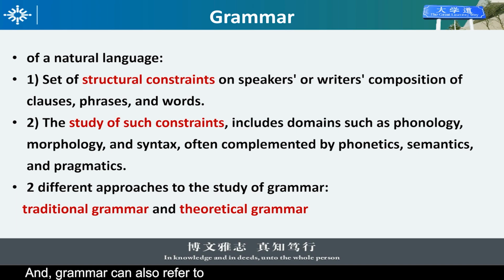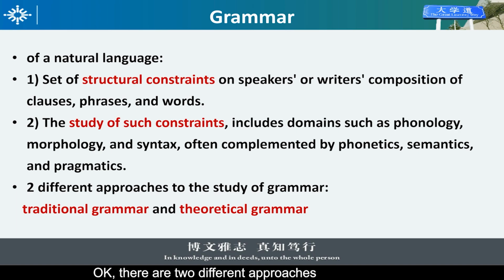And grammar can also refer to the study of such constraints, including domains such as phonology, morphology, and syntax, and often comprehended by phonetics, semantics, and pragmatics. In this way, grammar is a very broad term, can relate to many subfields of linguistics, but morphology and syntax might be the core parts.